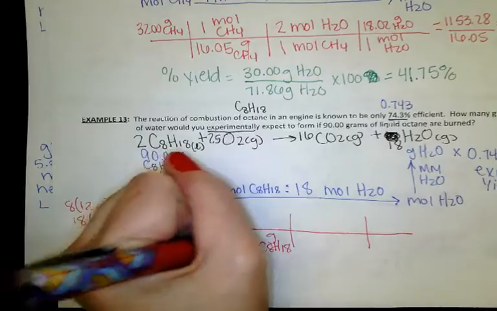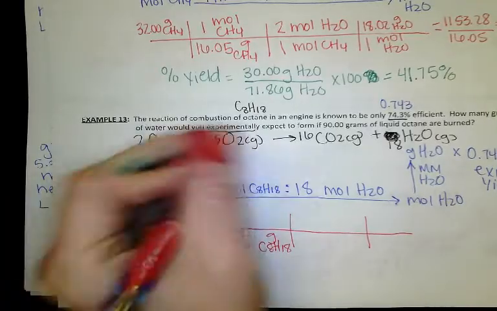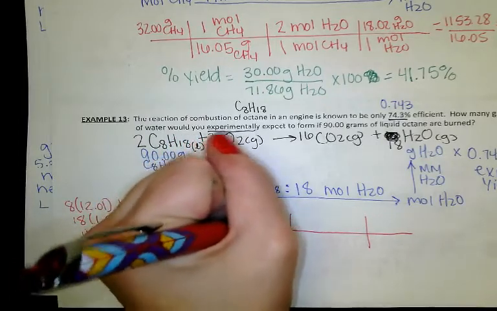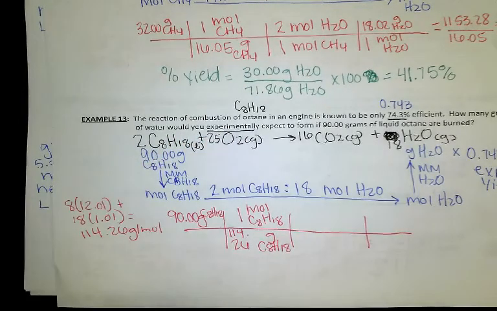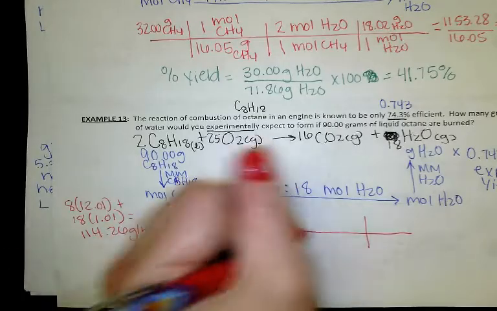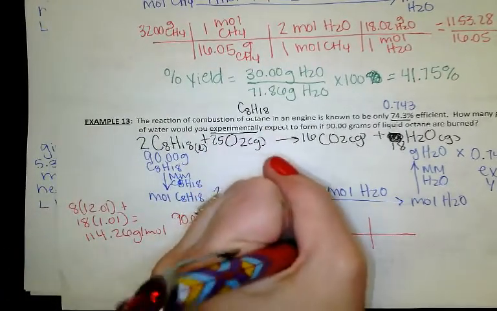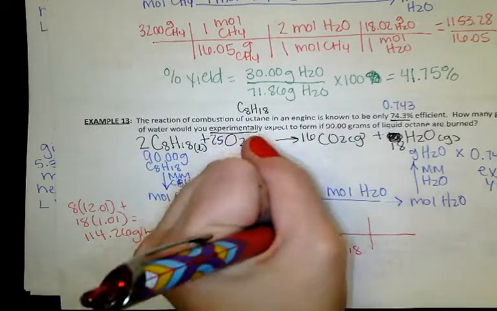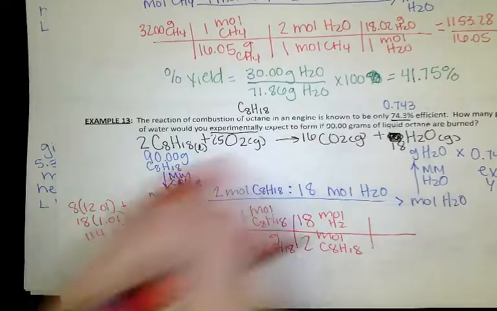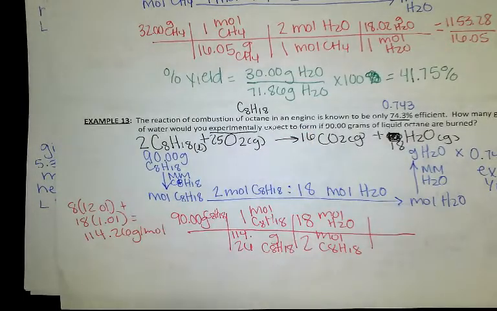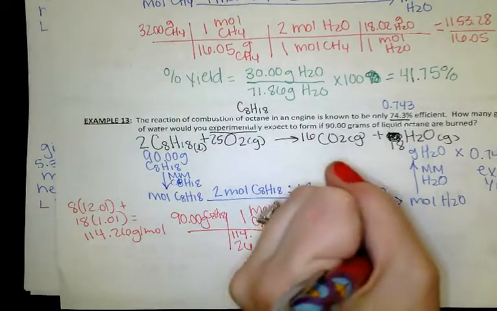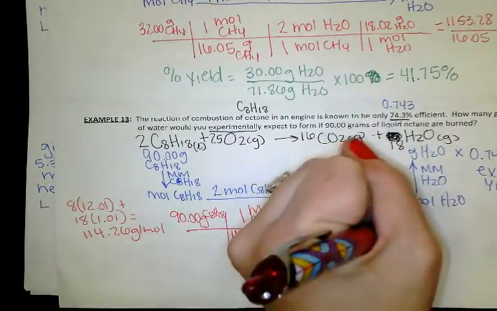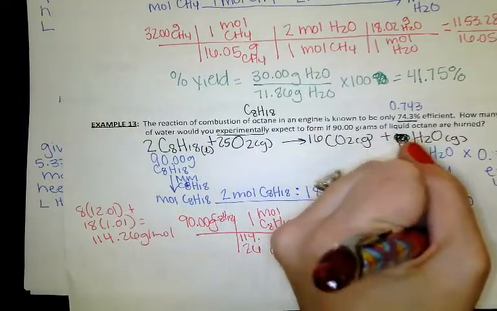Okay, and then we're going to do our mole to mole ratio. 2 moles of octane to 18 moles of water. And then we're going to go from moles of water to grams of water. 1 mole of water using our molar mass of water, 18.02. So this should give us our theoretical yield, 90 times 18 times 18.02 on top.